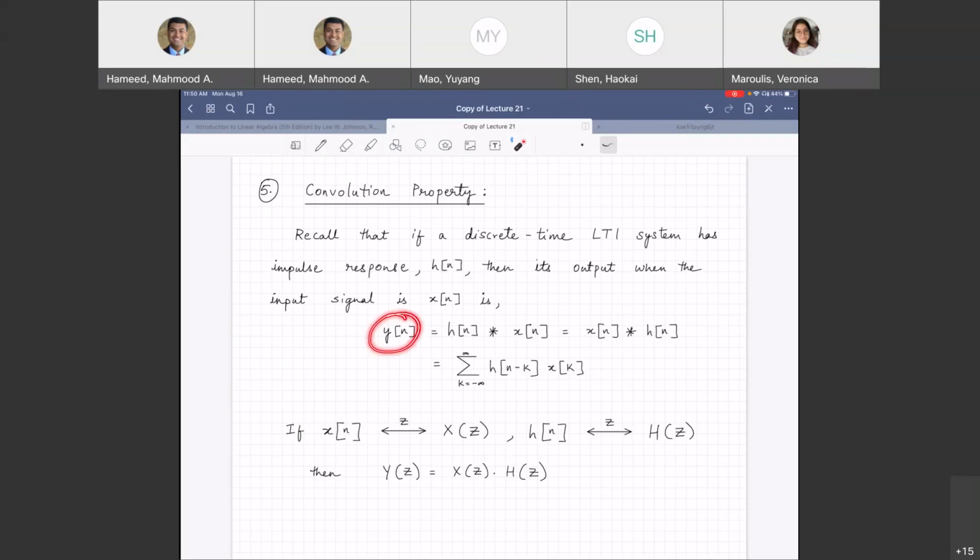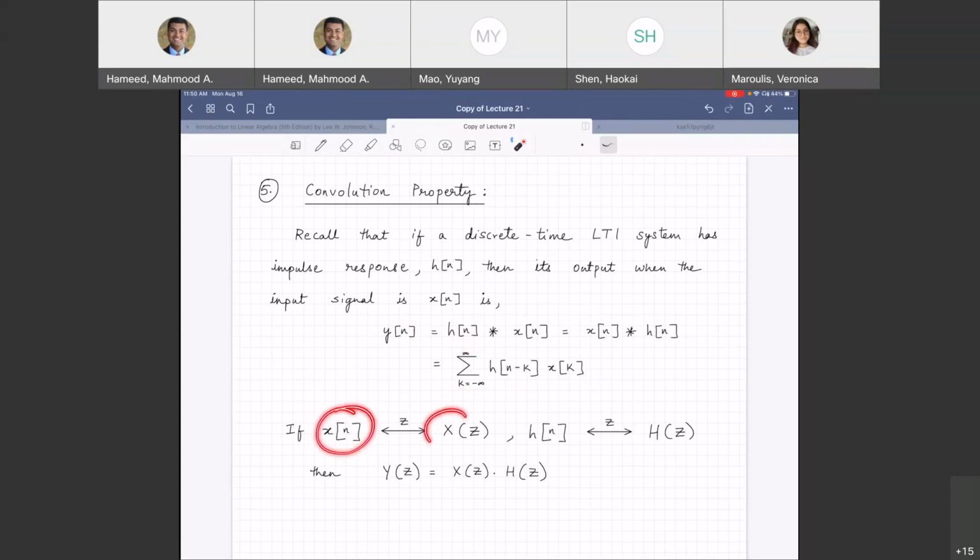Y of n, the response of this discrete LTI system, can be obtained one way by convolving the discrete input with the discrete impulse response and running through the discrete convolution sum to do it. But in Z domain, you can also do this as a product.